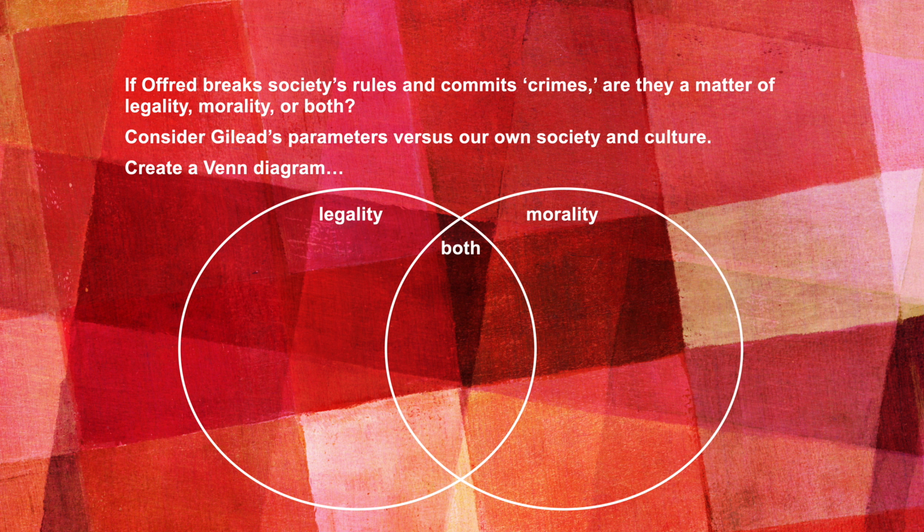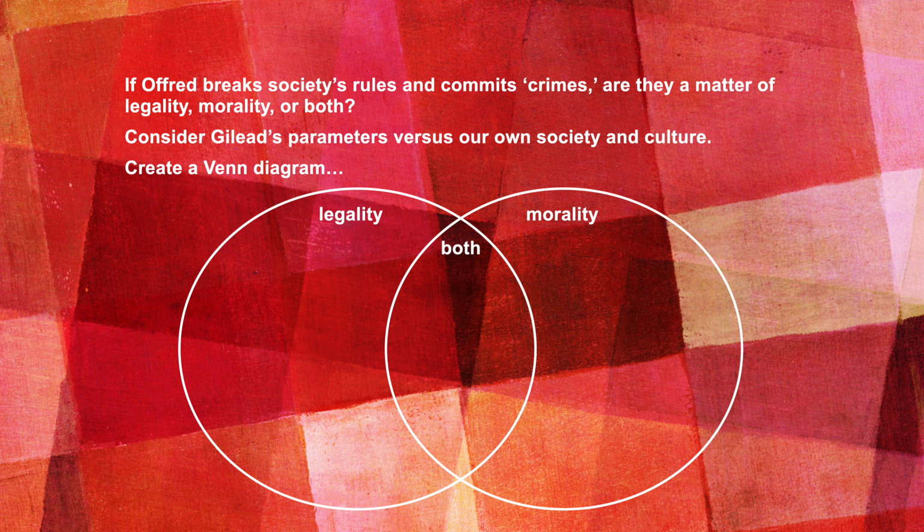If Offred breaks society's rules and commits crimes, are they a matter of legality, morality, or both? Consider Gilead's parameters versus our own society and culture. Create a Venn diagram.